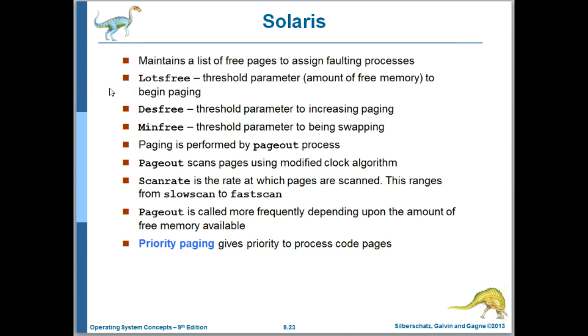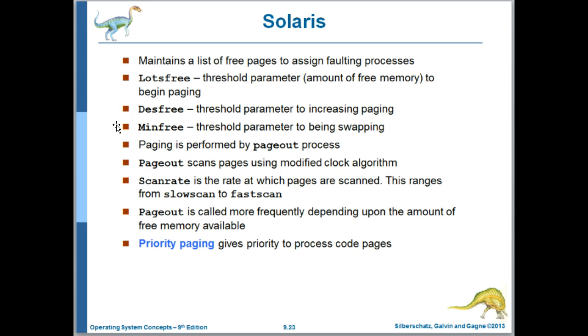So when there's lots free memory, paging begins. Desired free is a threshold. So desired free is less than lots free. When desired free is reached, the paging rate increases, and then min free is even less than desired free.